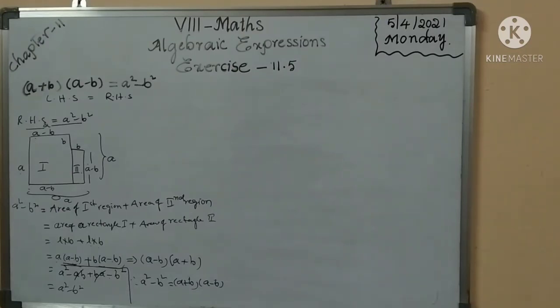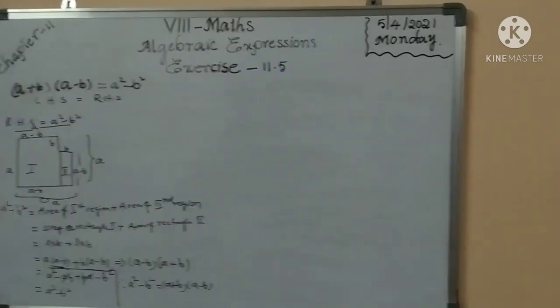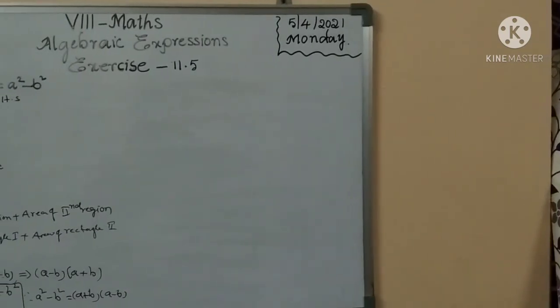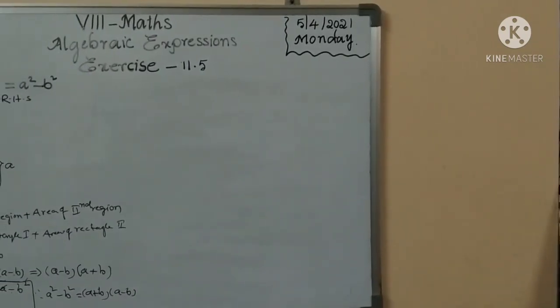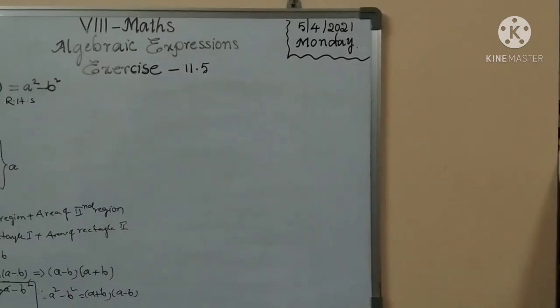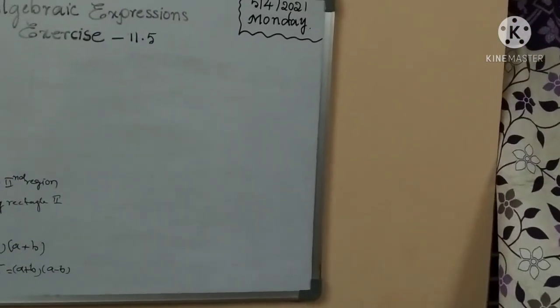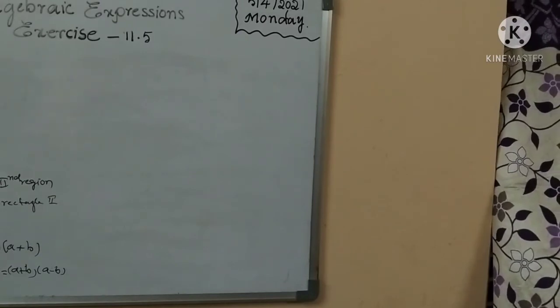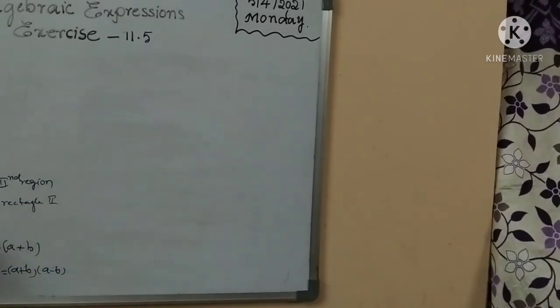Okay. Now with the same method we can use exercise 11.5, third Roman, first one. What is the third Roman first one?